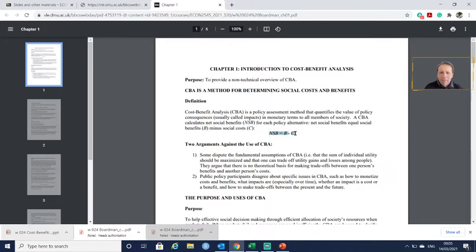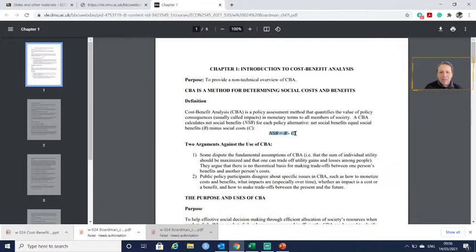Okay, so there are arguments against the CBA analysis. Many government and public institutions have to develop cost-benefit analysis when producing any policy. So what are the two arguments against? The first one is that the fundamental assumption of CBA is that there needs to be maximized utility.